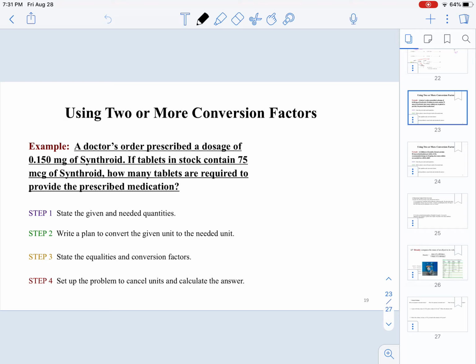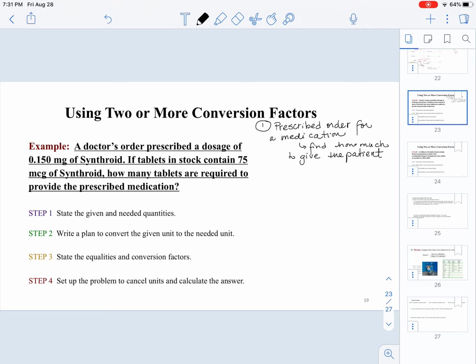The first type of problem, which is what you have illustrated in this slide, is when you have a prescribed order for a medication, and based on that prescribed order, you need to find how much to give the patient.